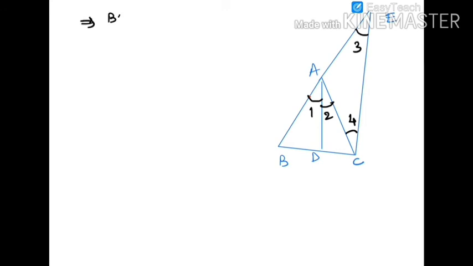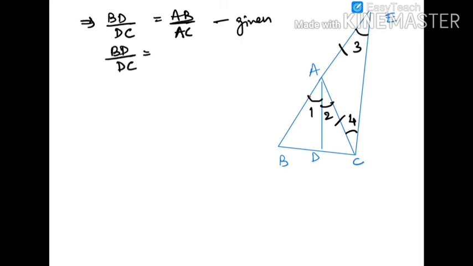So BD upon DC equal to AB upon AC is given. So BD upon DC will be equal to AB upon AE, replacing AC, because we know AC is equal to AE by construction.